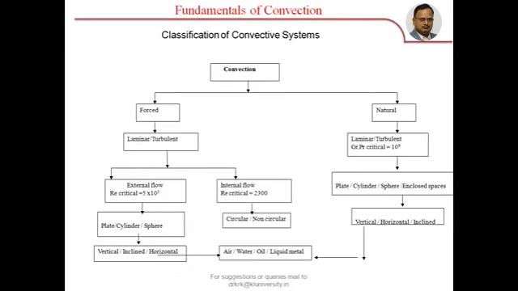So to understand the distribution of velocity and temperature within the boundary layers, you have to consider an element in the fluid flow and apply different equations like continuity, momentum, and energy. Thereby, the parameters like velocity, temperature, etc. you can determine.